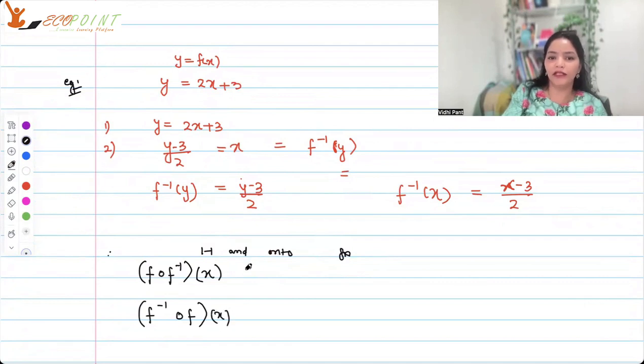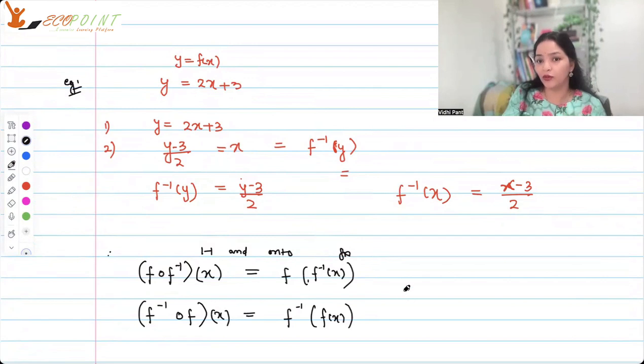So you will check f of f inverse x, f inverse of f(x). This should turn out to be just x. But of course, how will you do it? You will just put in the formula inside. So f of f inverse x means that you are taking f of (x minus 3) by 2. And here you are taking f inverse of f(x), which is 2x plus 3.